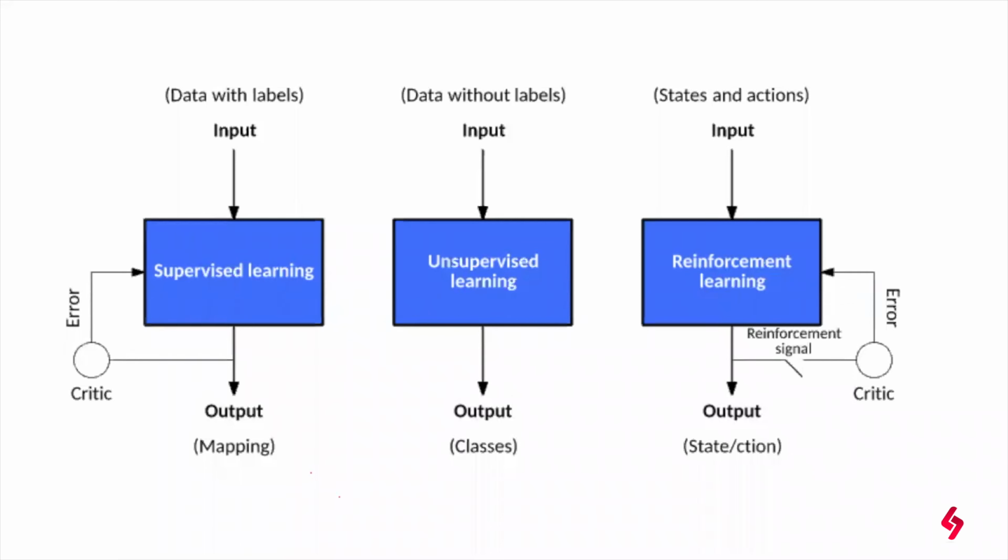Supervised learning deals with data with labels. Unsupervised learning deals with data without labels. Reinforcement learning considers the data in terms of states and actions, so it is like environmental learning.